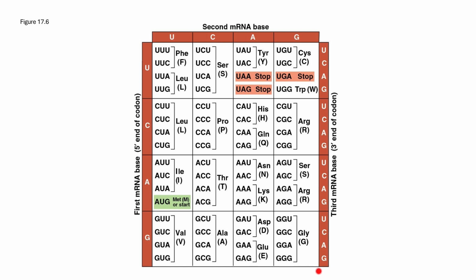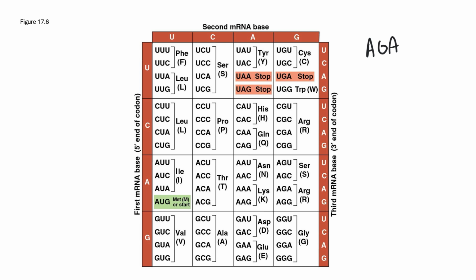So groups of 3 to figure out what amino acid it's coding for. So let's just do an example so that you can hopefully understand how this works. So let's say that our mRNA sequence is AGA.